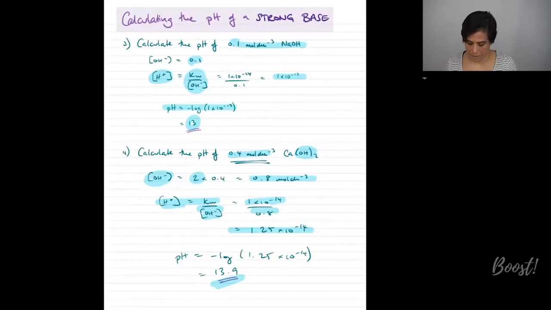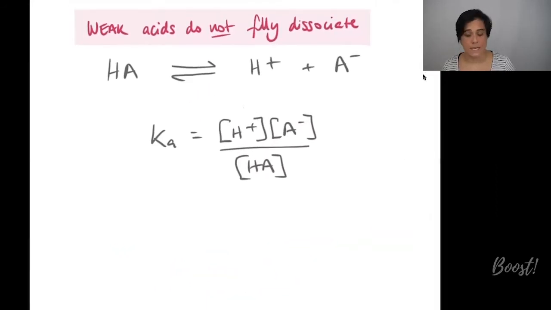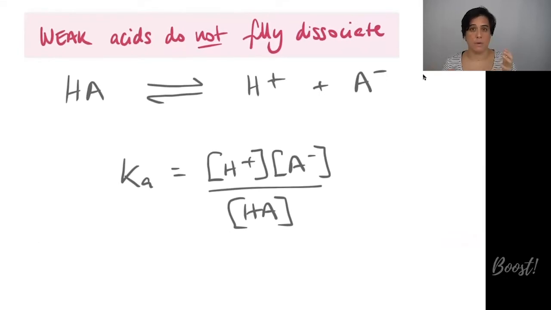Finally, the last thing we're going to go through today is how to calculate the pH of weak acids. Same idea as before. Ultimately, we want to use some sort of expression to go from the concentration of the acid that we're given to the concentration of H plus ions that we need to put into the pH equation.